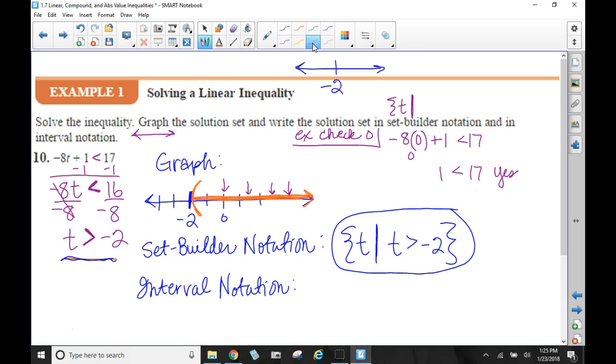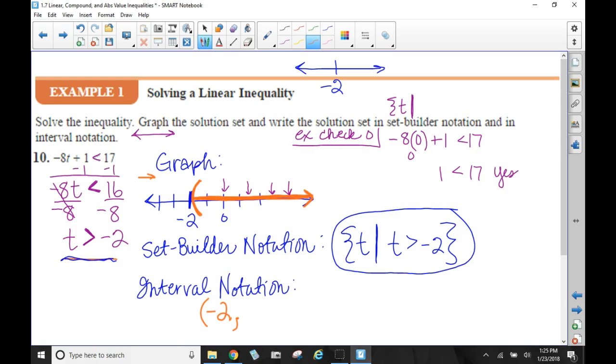Now, if we look at the graph of this, we're going to describe all of this orange shaded in region. Read your number line as you would read a sentence from left to right, and nothing is going on here until we get to this parenthesis at negative 2. That's the very smallest value. Numbers that are just a hair bit bigger than negative 2.